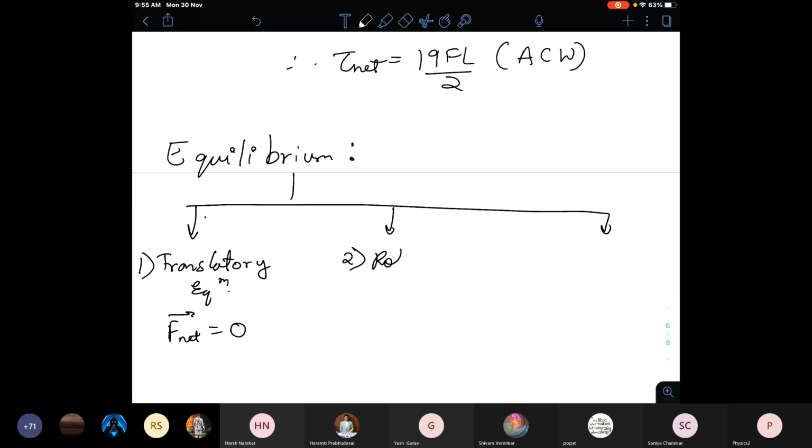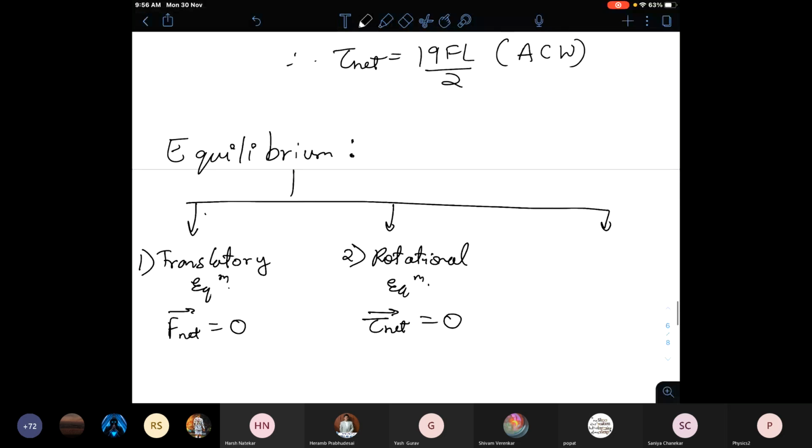Second is rotational equilibrium. What do you mean by rotational equilibrium? That only net torque is becoming equal to zero. And the third is only equilibrium, or you can say net equilibrium.